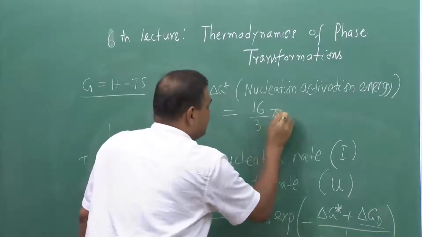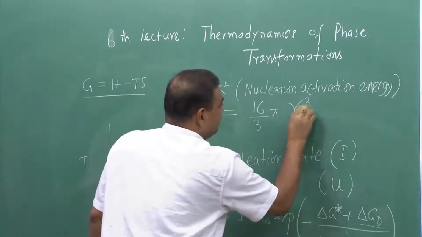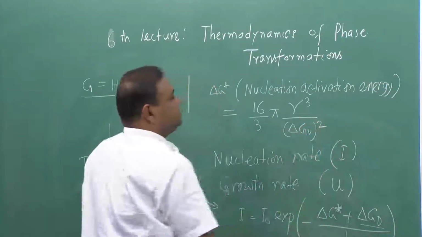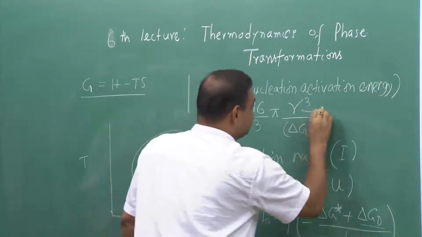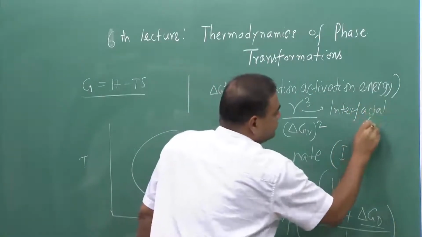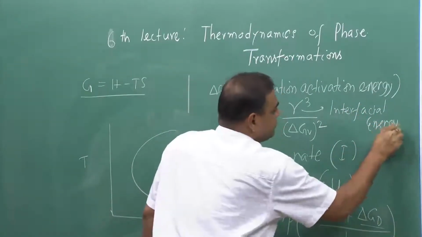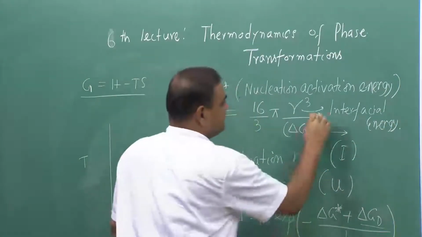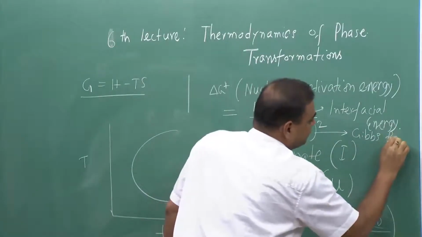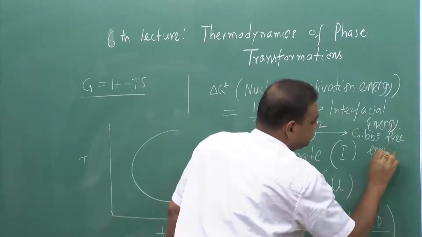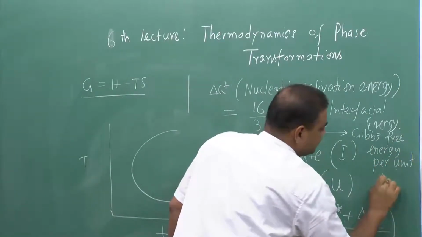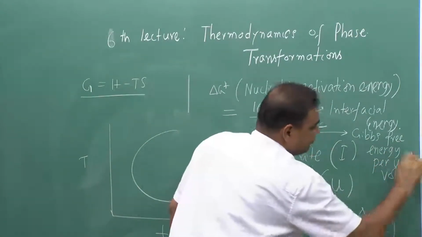16π γ³ / 3ΔG_v². Now, this term is the interfacial energy, and ΔG_v gives free energy per unit volume.